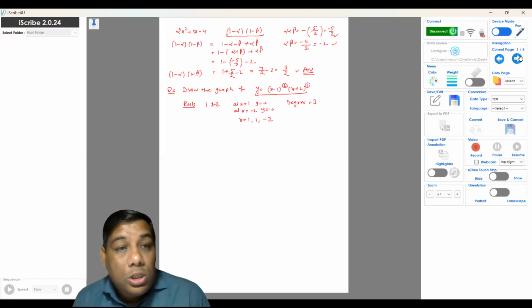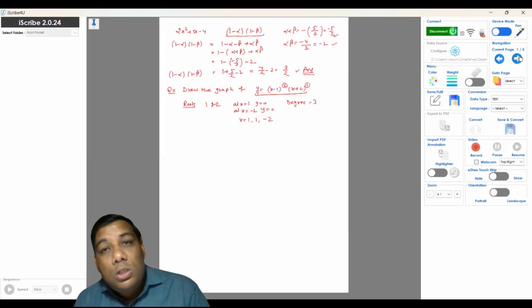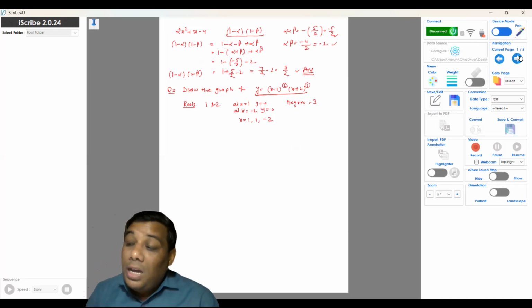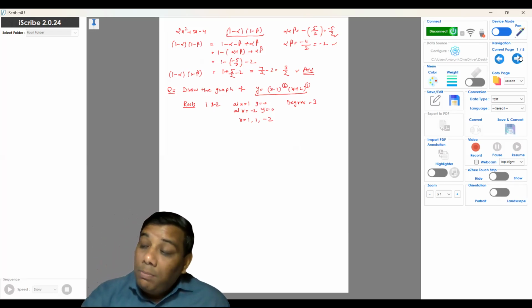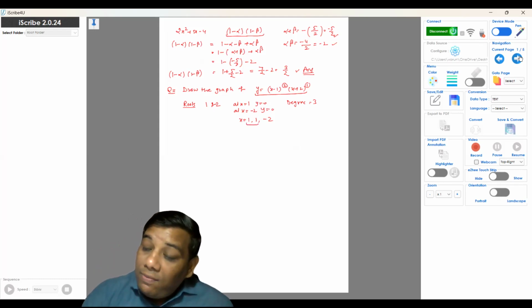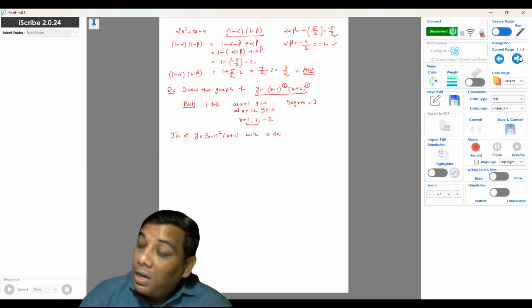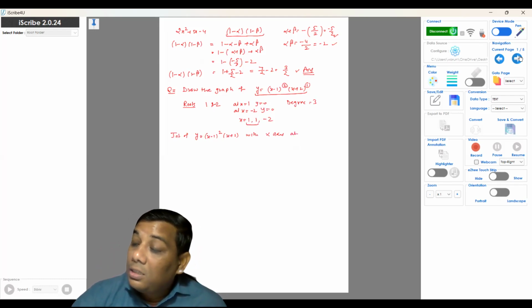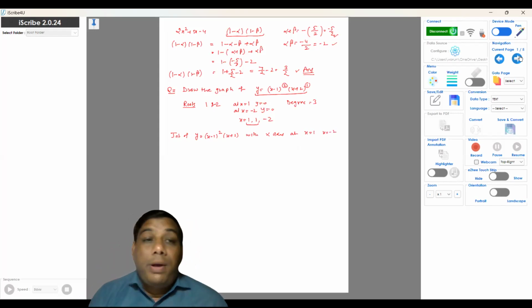X minus 1 whole square is 2 power and x plus 2 is 1 power. So roots are 3, but two roots are repeated. It means the graph intersects the x axis at x equal to 1 and x equal to minus 2.